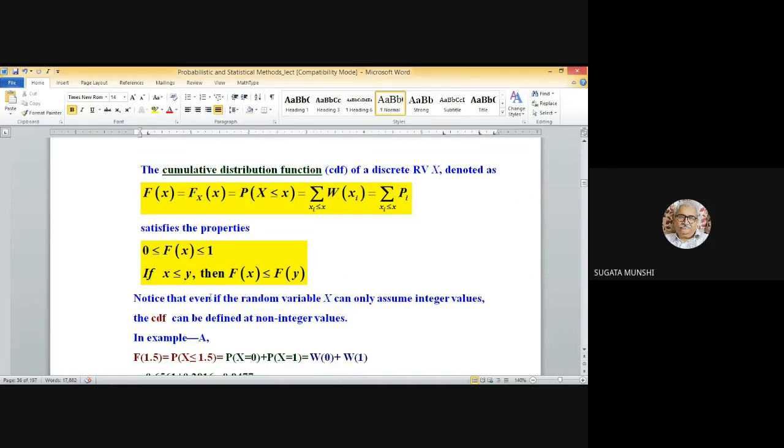The probability mass function is defined only for discrete values, but the cumulative distribution function is defined for a continuum of values, a continuous range of values of small x.